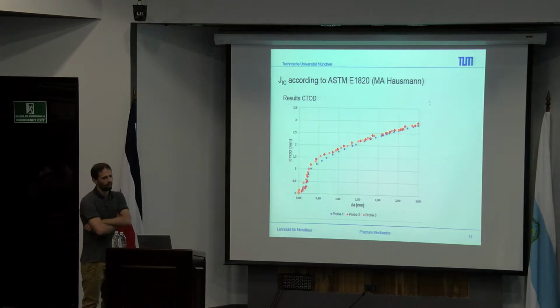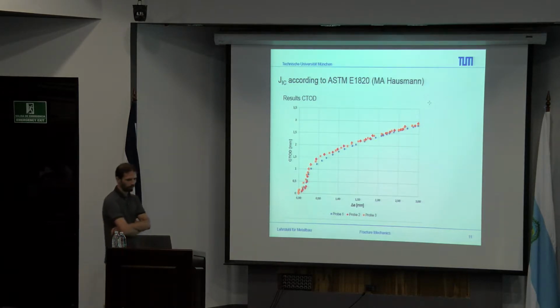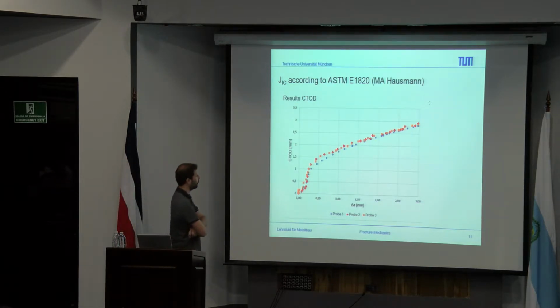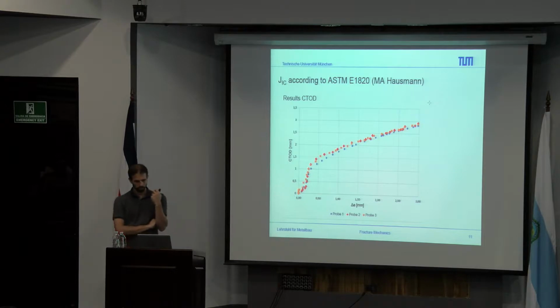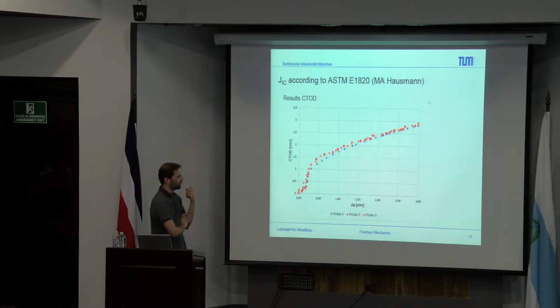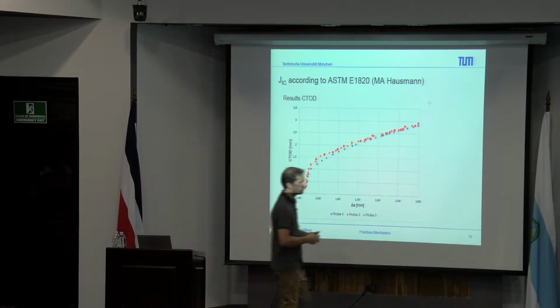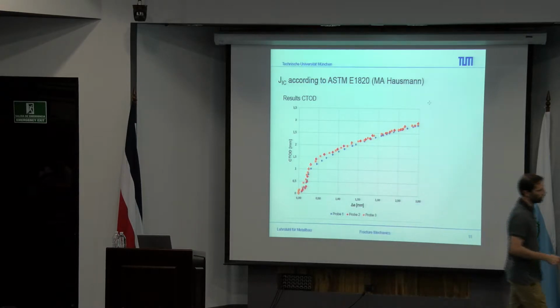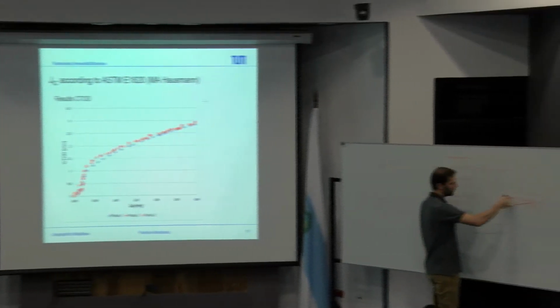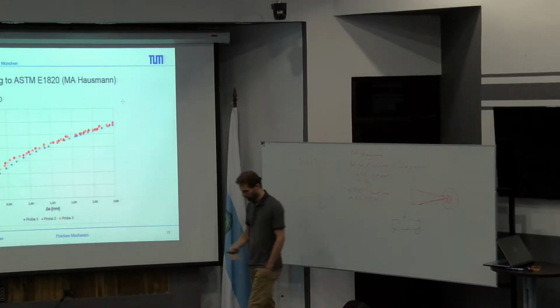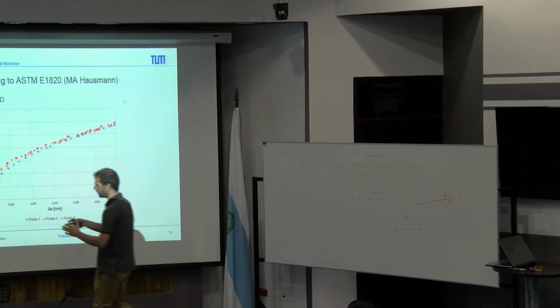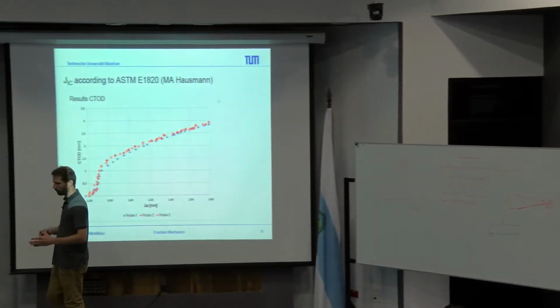So how does it look like if, for example, you go about the CTOD, the crack tip opening displacement. This is what I meant before. You have here the crack tip, and this is the displacement from the crack tip to the surface.